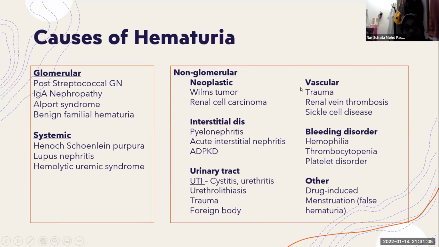It also can be caused by vascular causes, such as trauma, renal vein thrombosis and sickle cell disease. Hematuria also can be caused by bleeding disorders, such as hemophilia and thrombocytopenia, and others such as drug-induced and menstruation. Menstruation is a false hematuria.